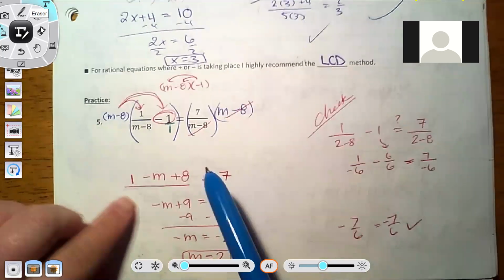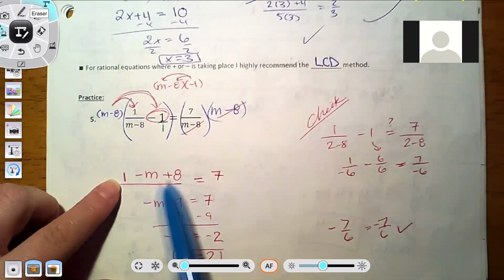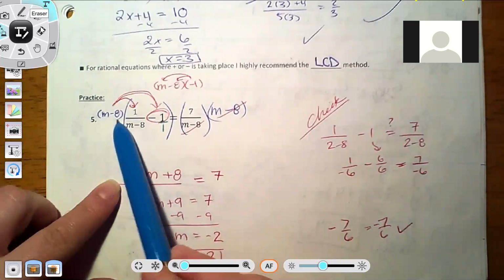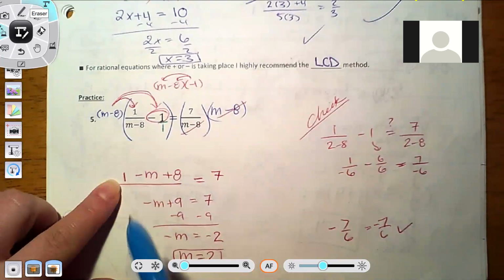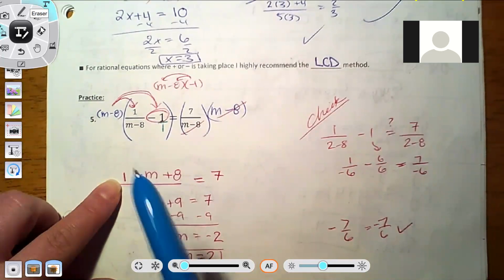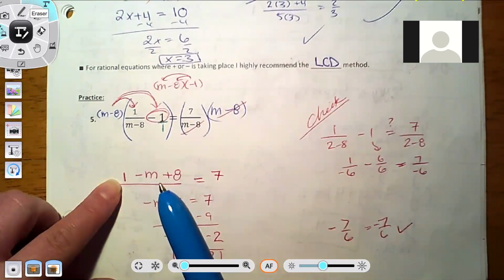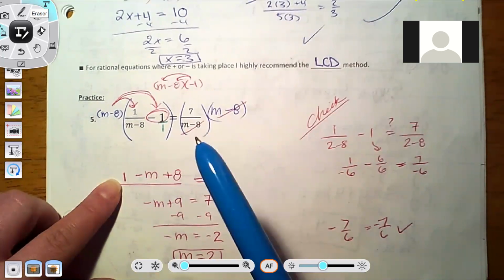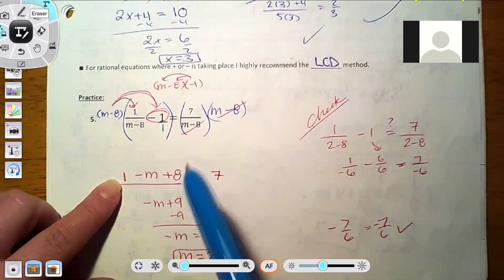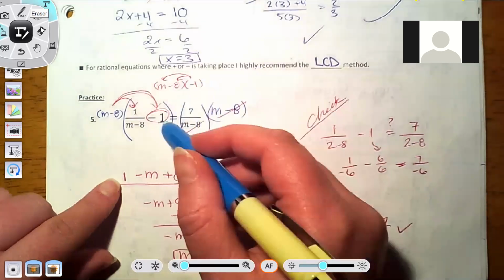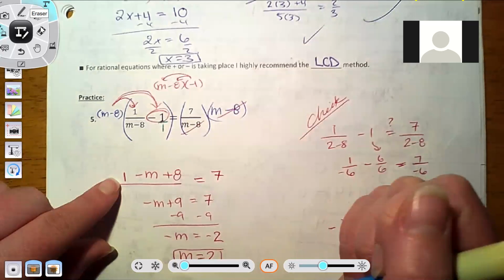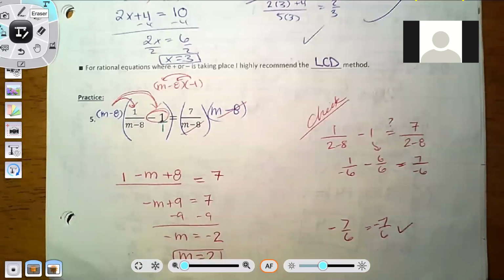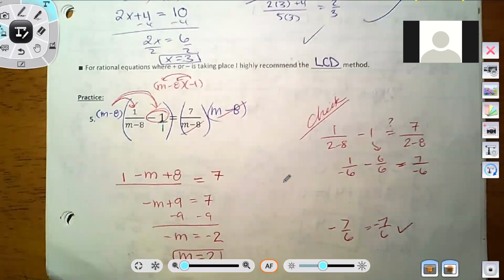Excuse me, I end up with 1 minus m plus 8. That is a very weird way I did it there.